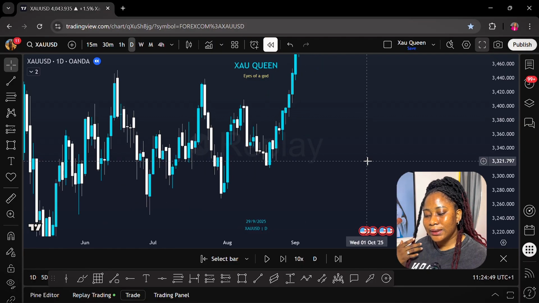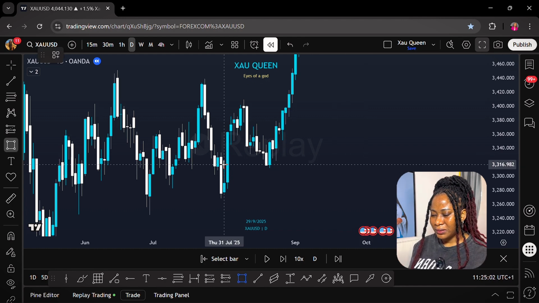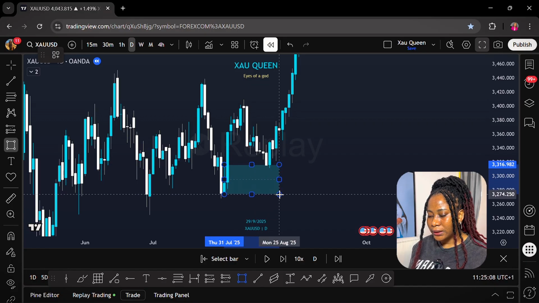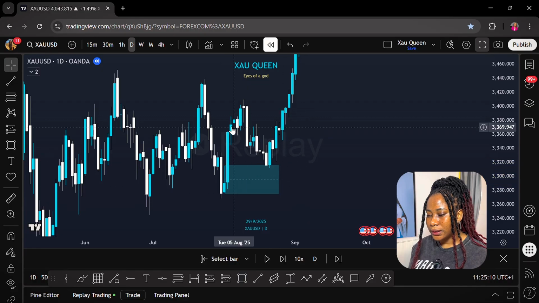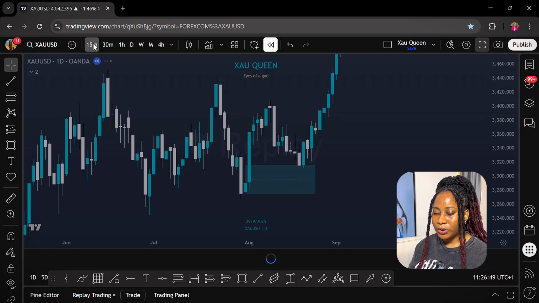Yeah, so this is a daily POI. This was an area I was particularly interested in on the daily. So let's use the 15 minutes for our confirmation entry.